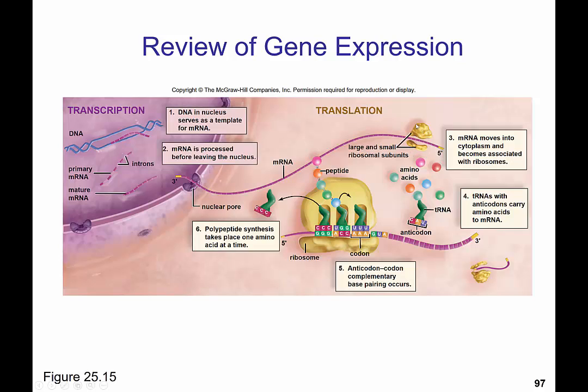And here, showing those two subunits, the large and small of a ribosome. Next, transfer RNA with anticodons carry amino acids to that mRNA as it reads that triplet code. Next, the anticodon-codon complementary base pairing occurs. Finally, polypeptide synthesis takes place one amino acid at a time. And this is how we build that polypeptide.